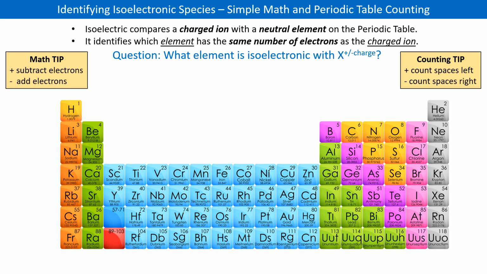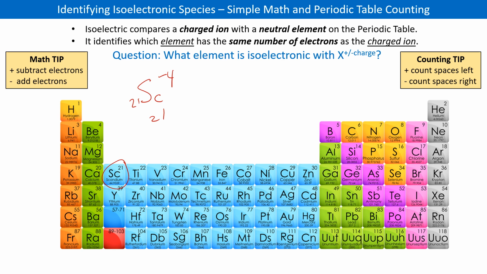Let's say we have scandium here for this one. Scandium is right here, atomic number 21, and let's say that's going to be a -4.